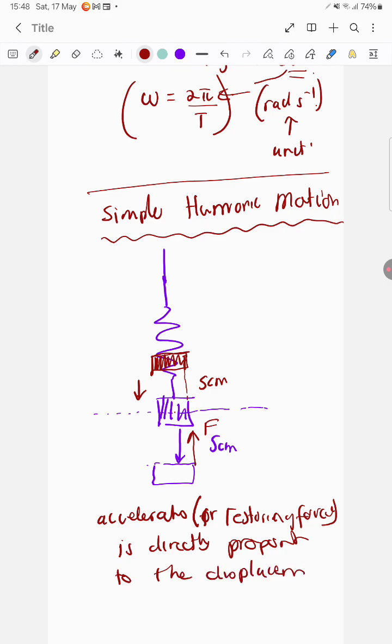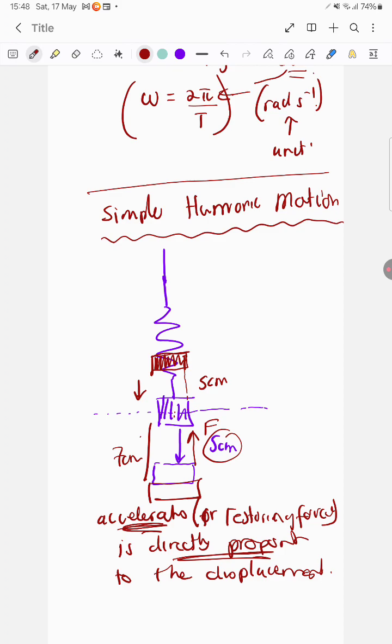So basically, if I pulled this spring even further, instead of just 5 centimeters, maybe up to 7 centimeters, would that force be stronger or weaker? It'll be stronger. So the more displacement you give it, the more force, or the more acceleration. So the acceleration is directly proportional to the displacement.